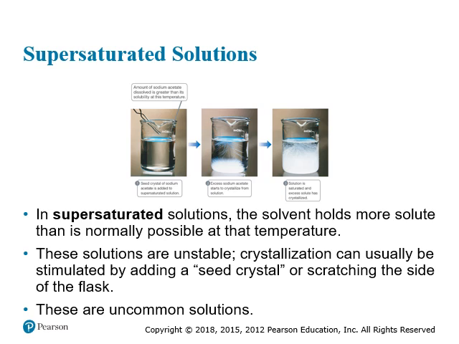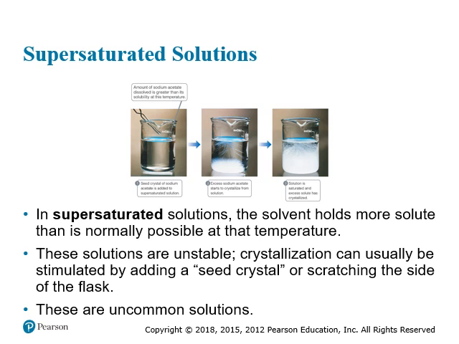If we carefully cool the solution down, if we allow for the solution to carefully return to a cooler temperature without any type of disturbance, then the solution can maintain that amount of solute.